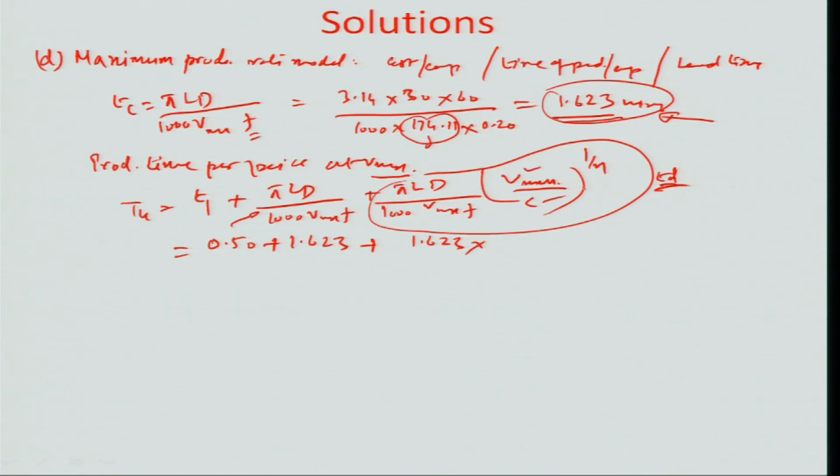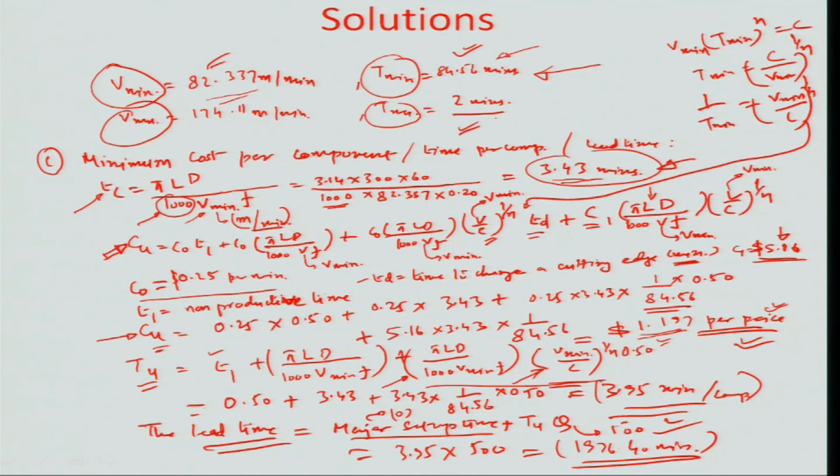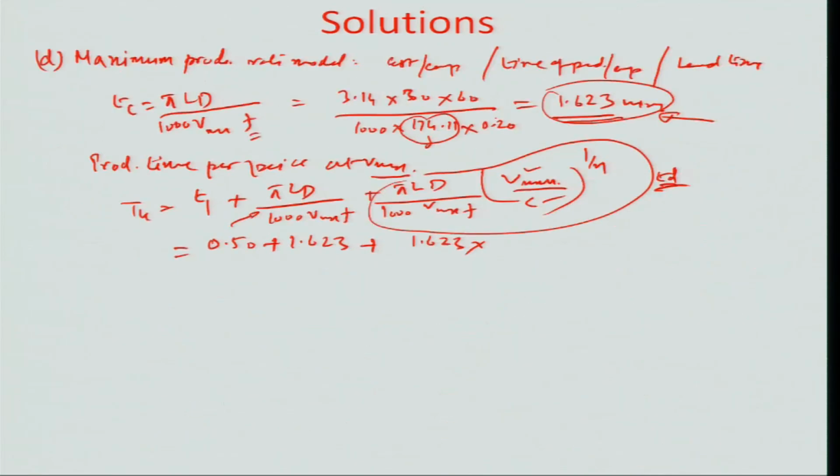Vmax by C. In this case, as you know, this is about 1 by Tmax, and Tmax was earlier calculated to be something like 2 minutes. So I have this recorded directly as 2 times Td, and Td is close to 0.50.